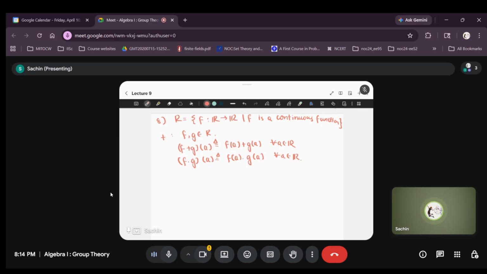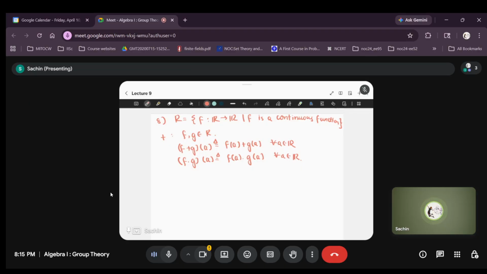Now, one thing you have to first verify, which you do in calculus, is that the sum of two continuous functions, if you define it pointwise, is also a continuous function from real numbers to real numbers, and the product of two continuous functions defined in this pointwise way is also a continuous function. That is part of calculus.